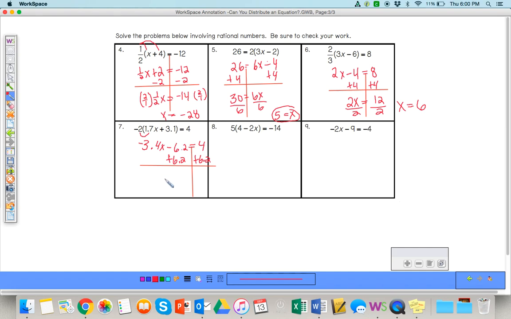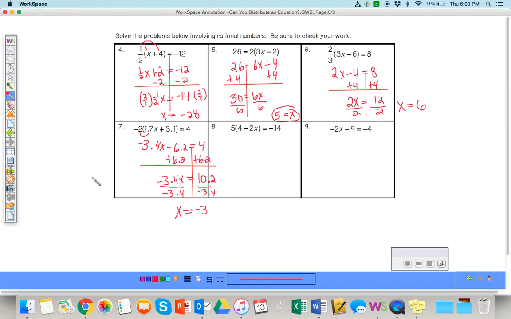And we get -3.4x equals 10.2. And then we divide by -3.4. And that gives us 3. Well, -3.